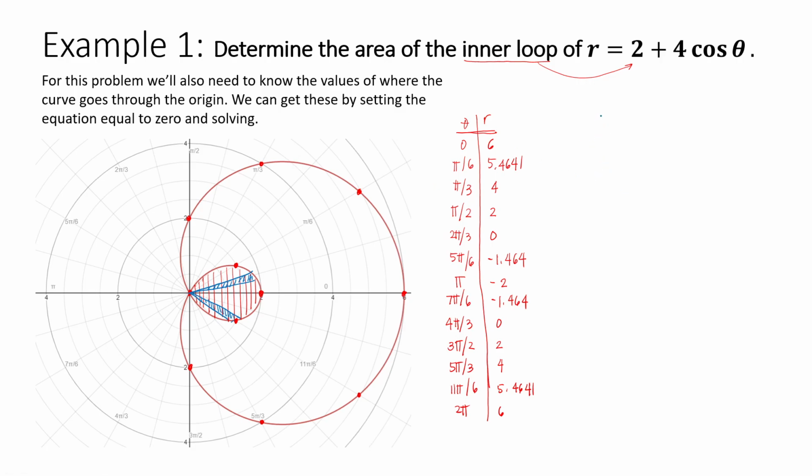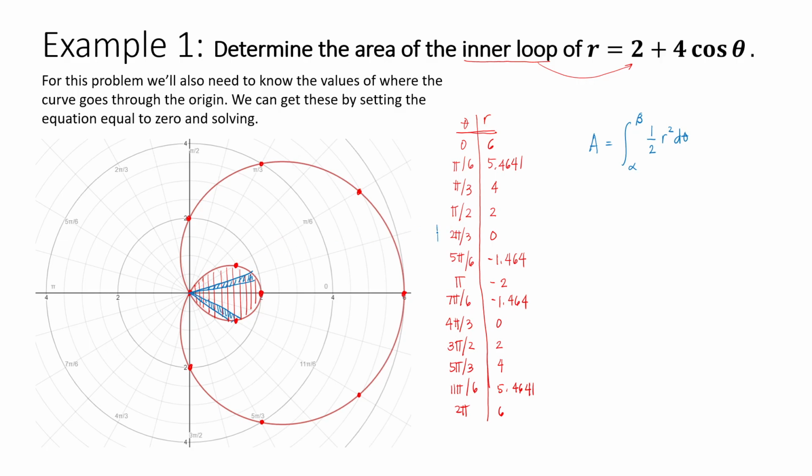Okay, so the formula is now area is equal to 1 half r squared d theta from alpha to beta. Again, we need to determine where the inner loop is found in the table. It starts with 0 and then it ends with 0 again, right?